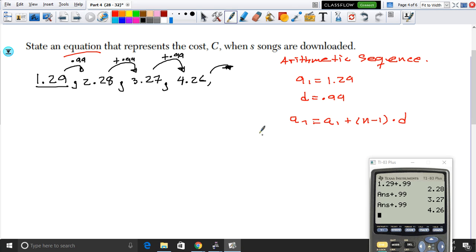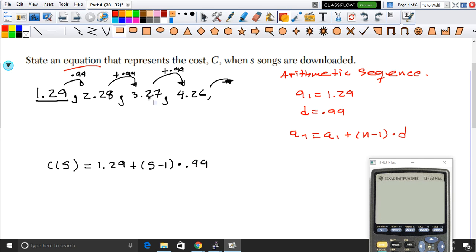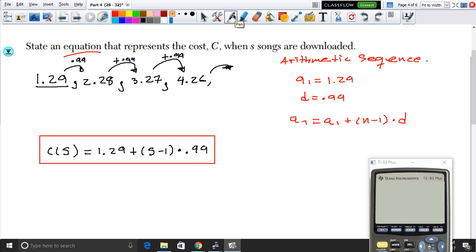So instead of calling it A_N, we're going to call it the cost, C of S. A1 is 1.29 plus, instead of N, we're talking about songs, so S minus 1 times the common difference, which is 0.99. So this is an equation that we can use that will represent the cost. All right, so we have built an equation here.